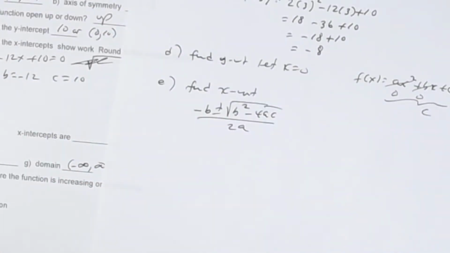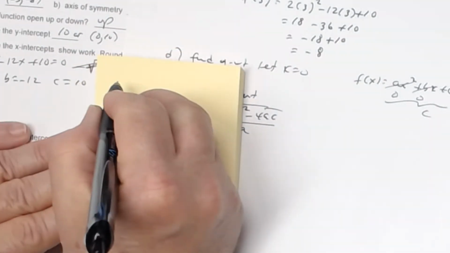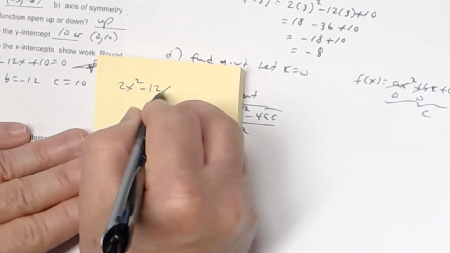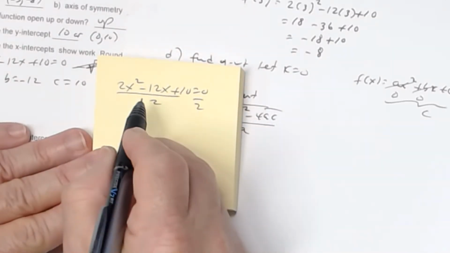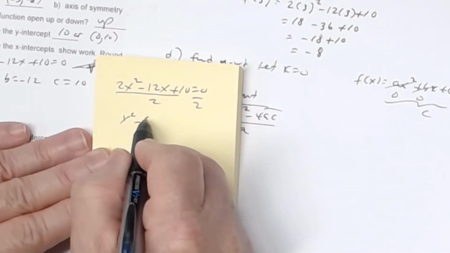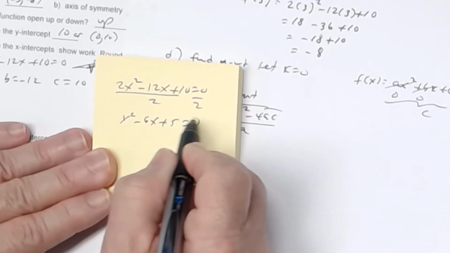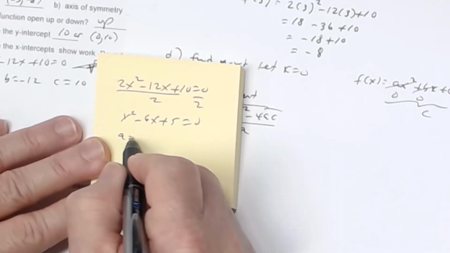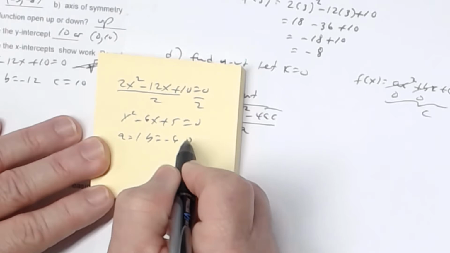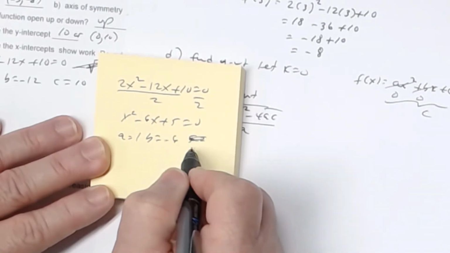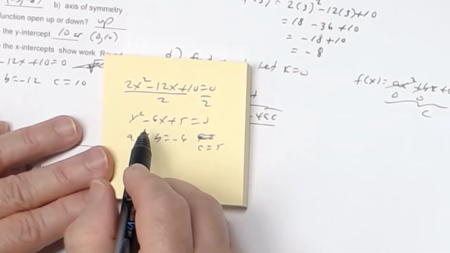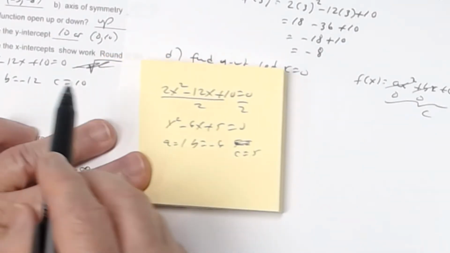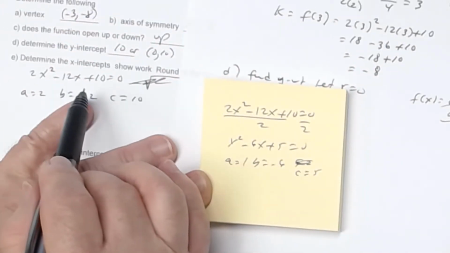If I divide both sides by 2, 2x squared minus 12x plus 10 equals 0, I'm going to get x squared minus 6x plus 5 equals 0. And in this case, a is 1, b is negative 6, and c is 5. I could have found the x-intercepts using this equation instead of this one.